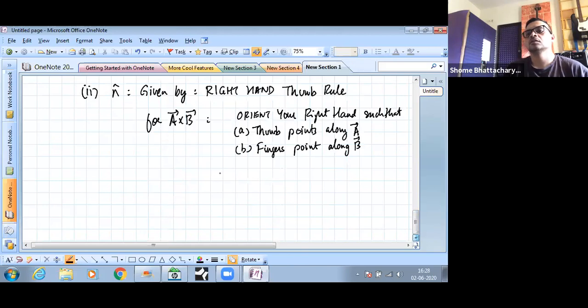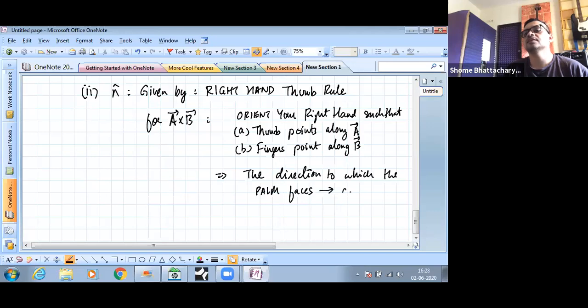Then the direction to which the palm faces, that becomes the direction of n.